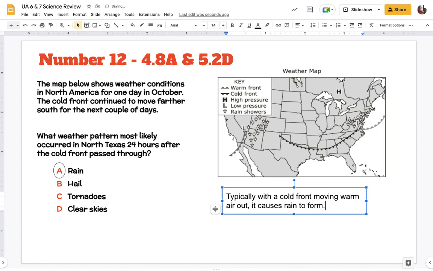Okay, and whereas on the other hand, when you have warm air masses coming in, that's when you start getting things like hail or tornadoes and things like that. So the opposite will bring about the hail and the tornadoes. Okay?